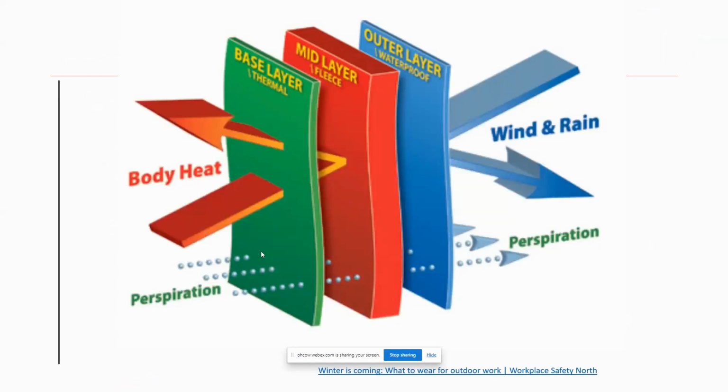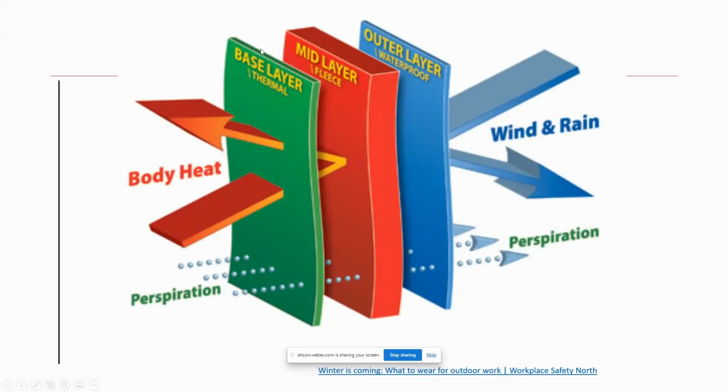This is a good illustration which I took from WorkSafe North about layering of clothing. The first layer should be thermal and should not be made of cotton. You want to avoid cotton because it absorbs moisture, so you want to wear something as a first layer which can wick the sweat from the inner layer to the mid layer.